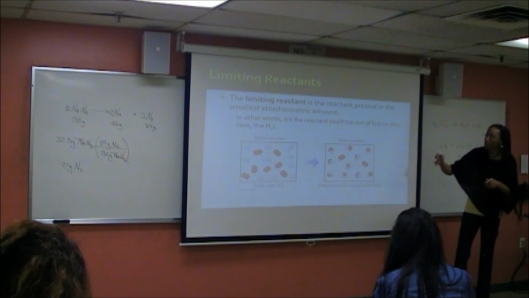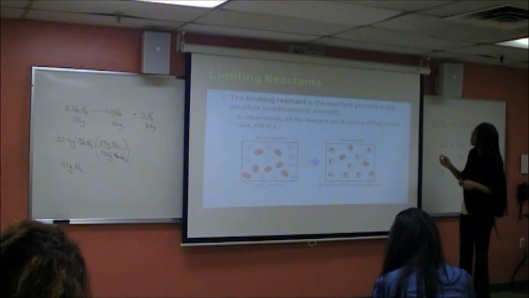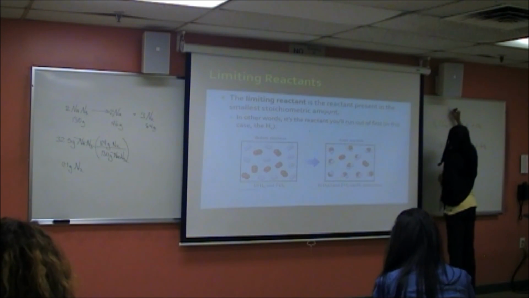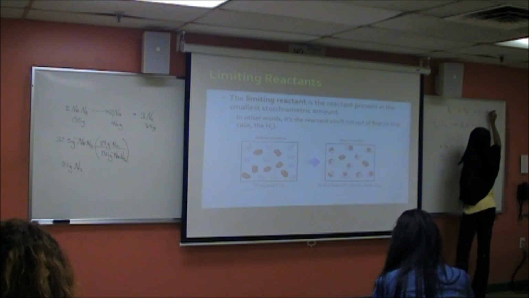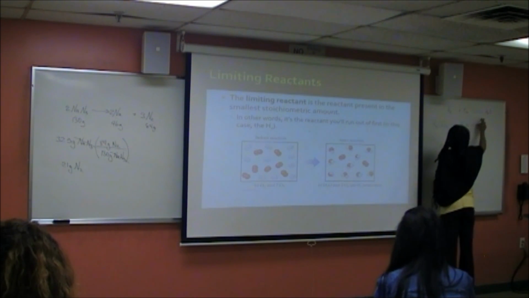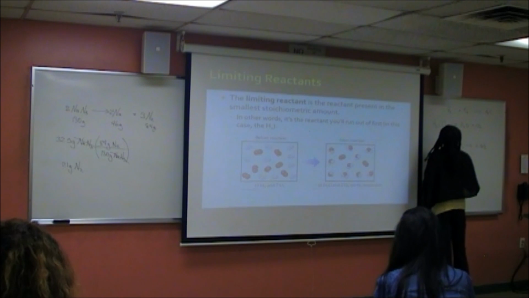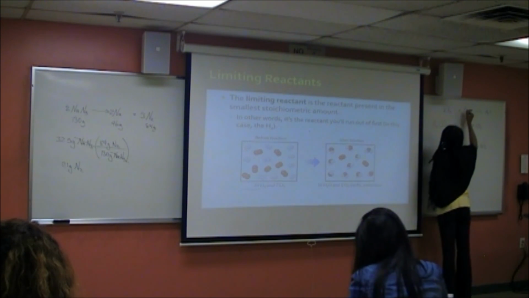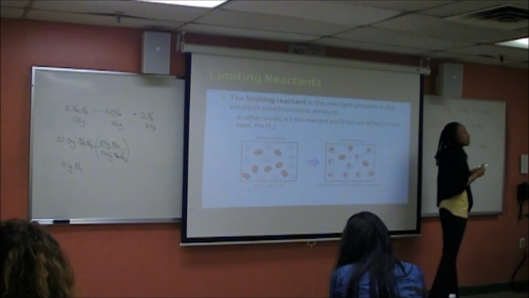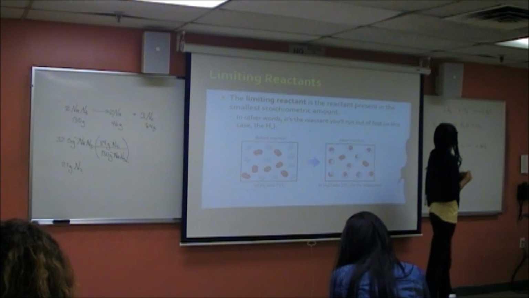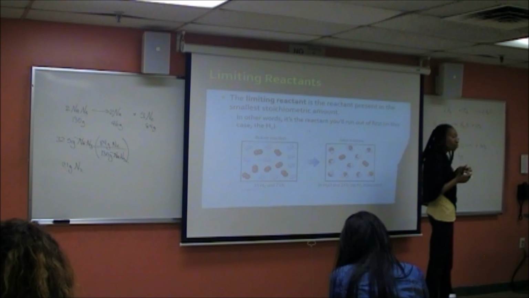So if we look here, for your water, we have hydrogen gas plus oxygen gas to produce H2O. What are the coefficients here? 2 H2, 1 O2, 2 H2O. What's the ratio for your reactants? 2 to 1.